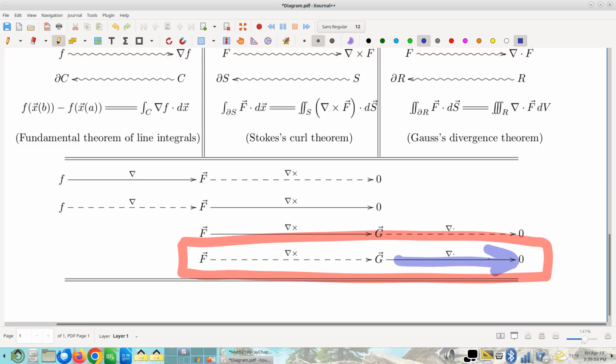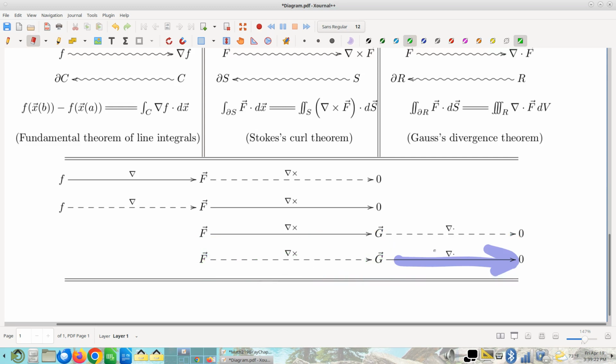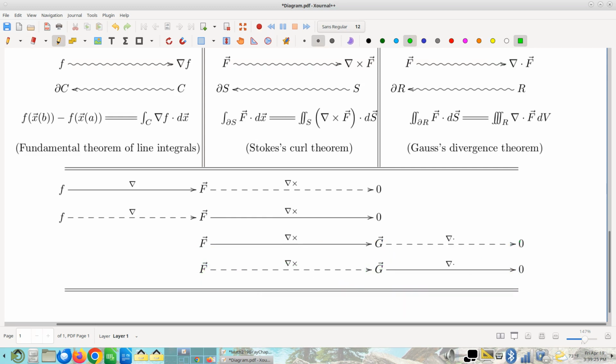So that's saying, if you have a vector field, let's just call it G, and its divergence is 0, then the conclusion is that that vector field G is the curl of something. So it's just a placeholder. Okay.